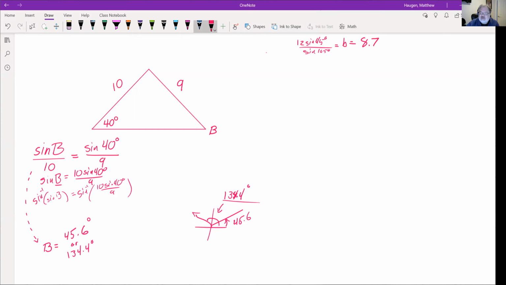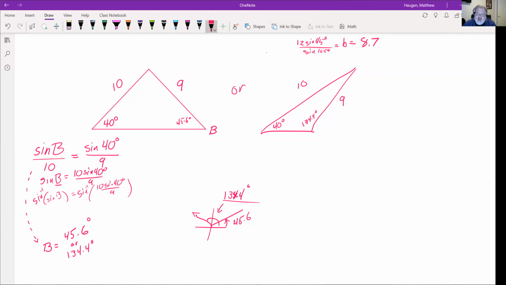So this is actually going to break us into 2 possible triangles here. It could be a 10, a 9, and a 40-degree angle with a 134.4-degree angle there, or this triangle with the 10, the 9, the 40, and the 45.6 degrees.